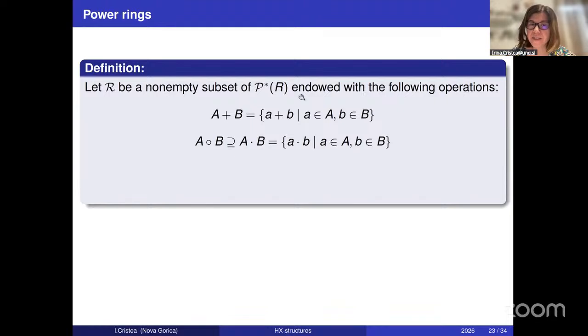Both are defined on the same set P star of R, where R is a classical ring, and here the HX operations were a little bit different.